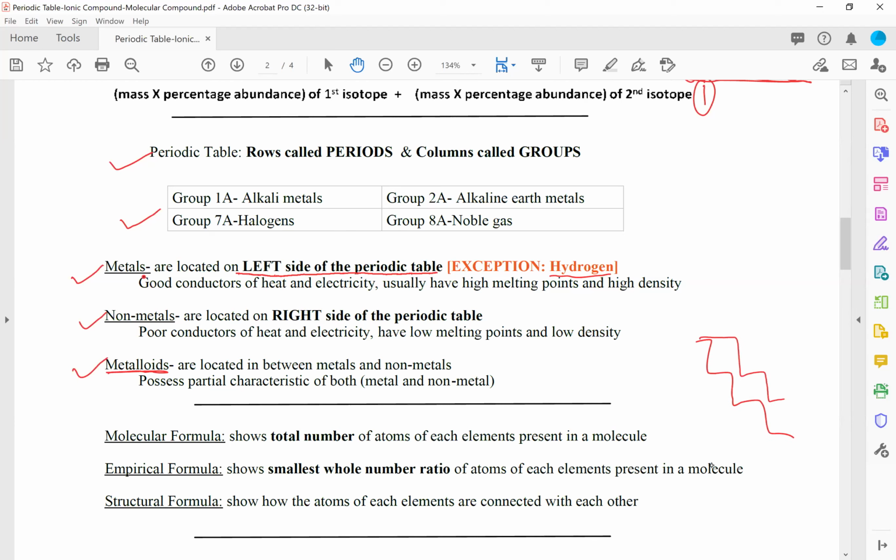That's a separation across the periodic table, which we have already talked about. Those zigzag fashion elements are called metalloids. Anything on the left side of that zigzag is called metal, and everything on the right side of this zigzag is called non-metal.